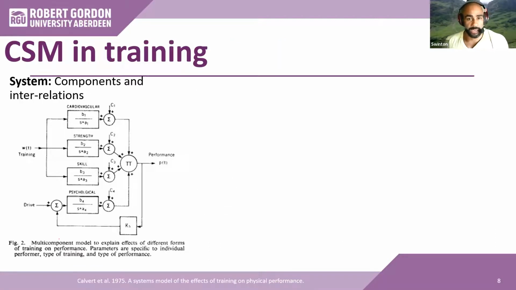Another popular area of CSM in sport and exercise science, and the one I'll focus on primarily in this session, is modeling of training response. So this initial system was proposed by Calvert and Bannister in the 1970s. They considered a systems model where performance in sport was determined by four main components, including cardiovascular endurance, strength, and skill, which were all influenced by a training input.